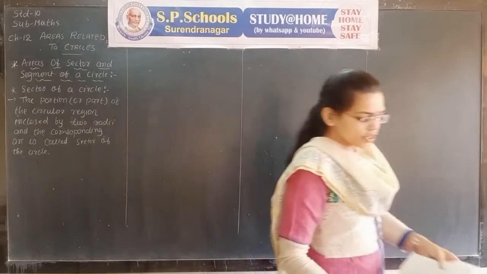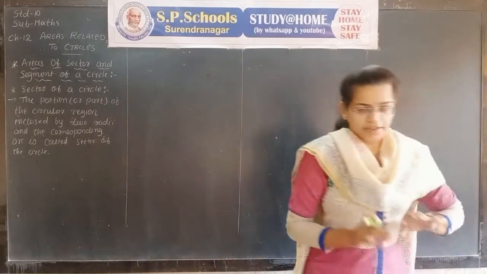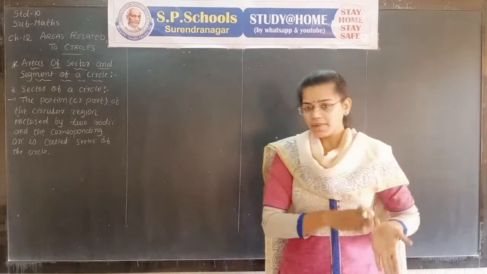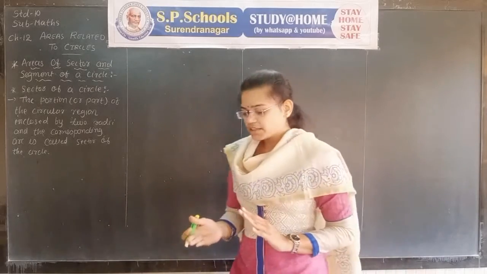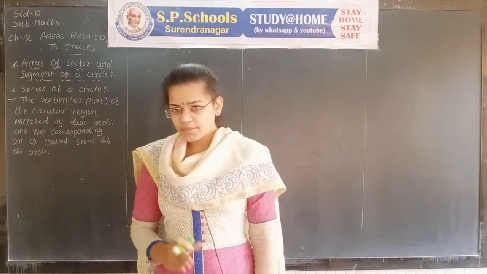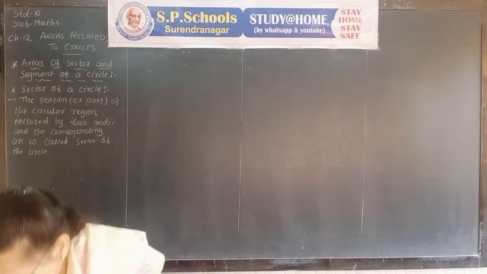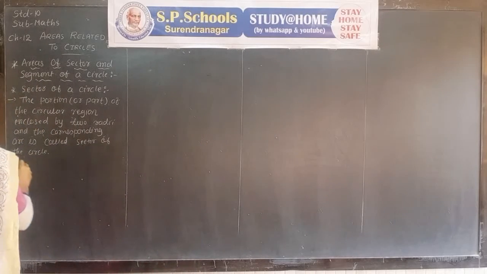The sector of circle has two parts. One is a minor sector and one is a major sector. Let's see what is minor sector, what is major sector and their formulas.